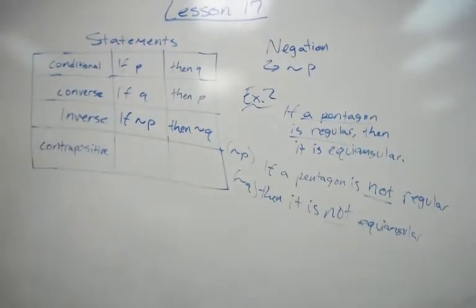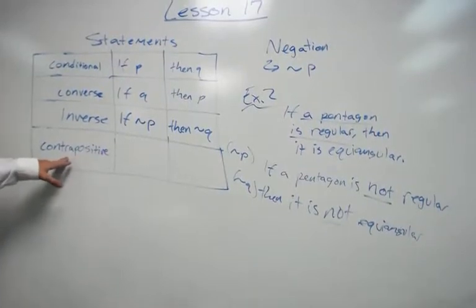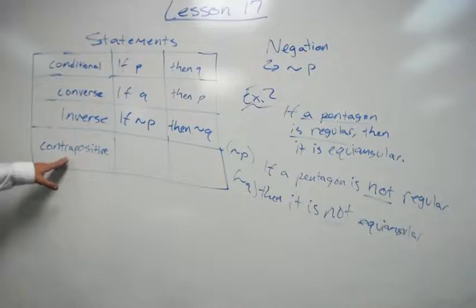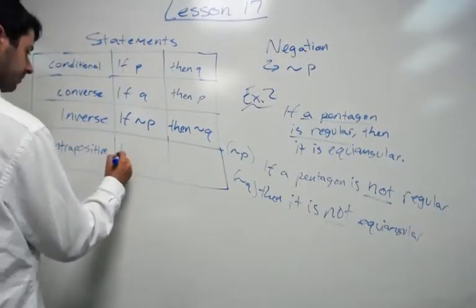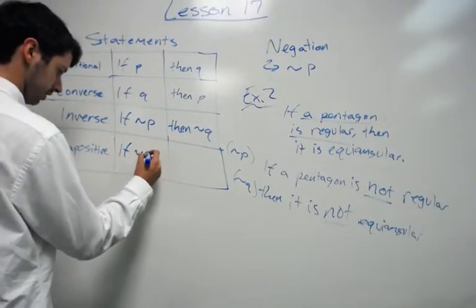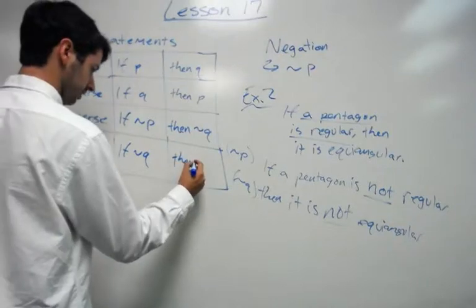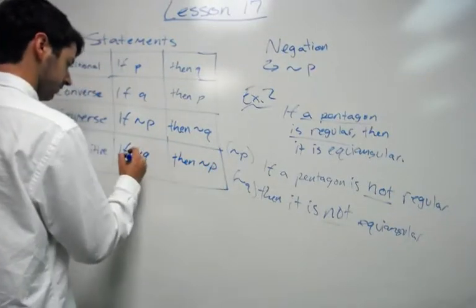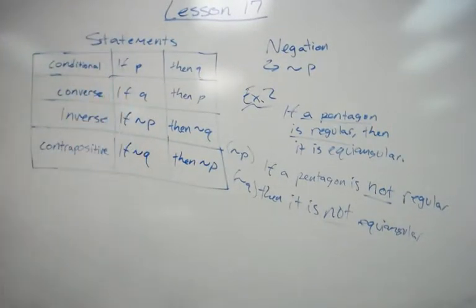The last statement we'll go over is contrapositive. Contrapositive means if not Q, then not P. So we've covered all angles here with the P's and Q's.